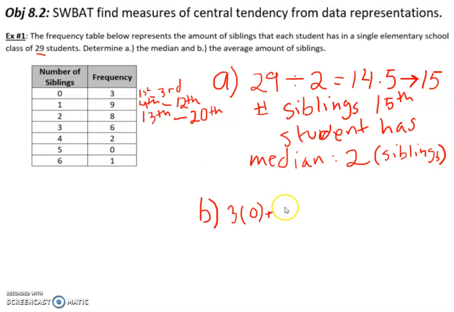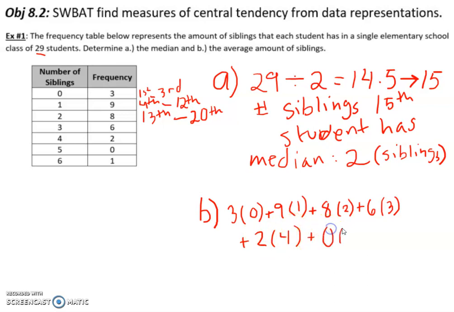But we're going to add that to the 9 students who had exactly 1 sibling, 8 students who had 2 siblings, 6 students who have 3 siblings, 2 students who had 4 siblings, 0 students actually who had 5, and 1 student who had 6 siblings.